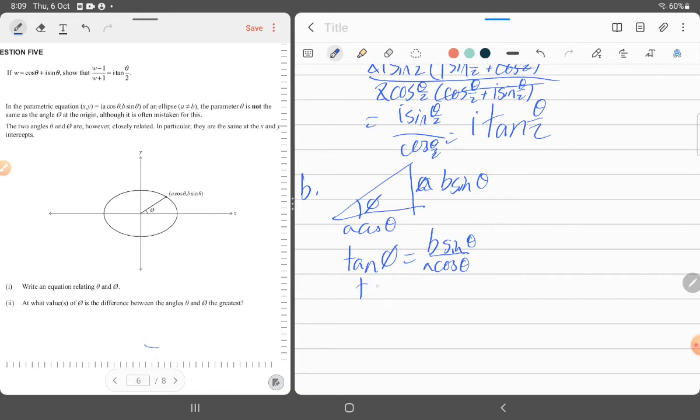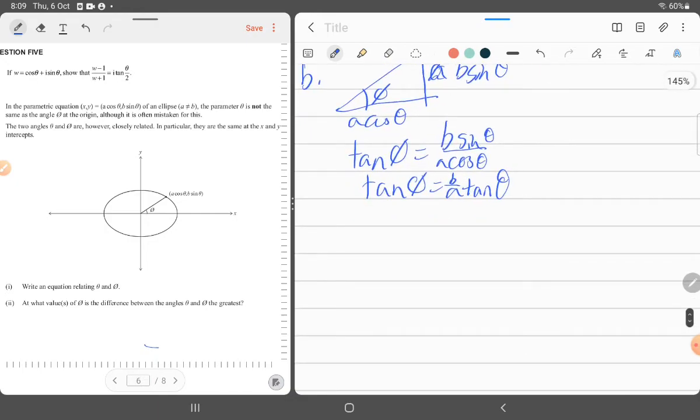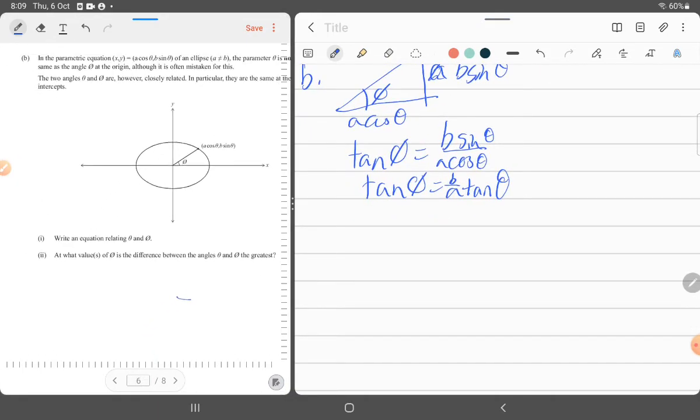So tan phi is equal to b over a tan theta, which we can kind of see is very closely related.